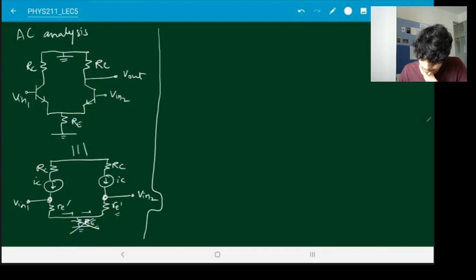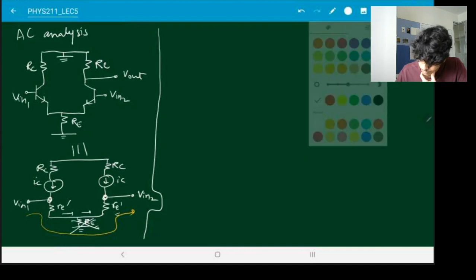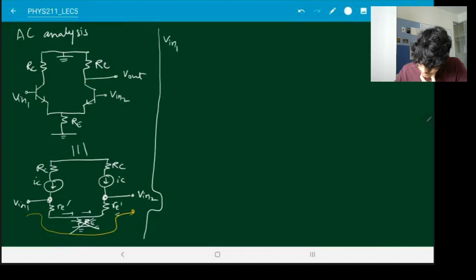Now, once again, we are almost done with our analysis. If you apply Kirchhoff's voltage law across this, what you get is VIN1 is IE. So let's call this current IE.